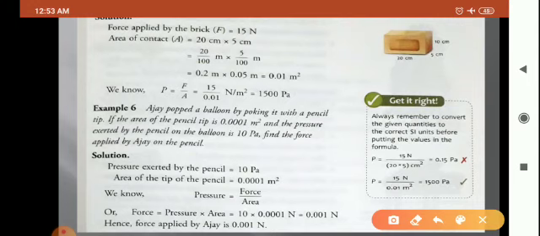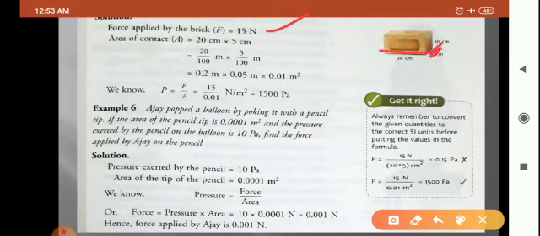The force applied by the brick is 15 Newton, meaning the weight of the brick is 15 Newton, the force exerted by the brick. Area of contact is 20 centimeter into 5 centimeter. When we have kept this brick on the ground, which part of the brick is covering the ground? This length and this breadth part.